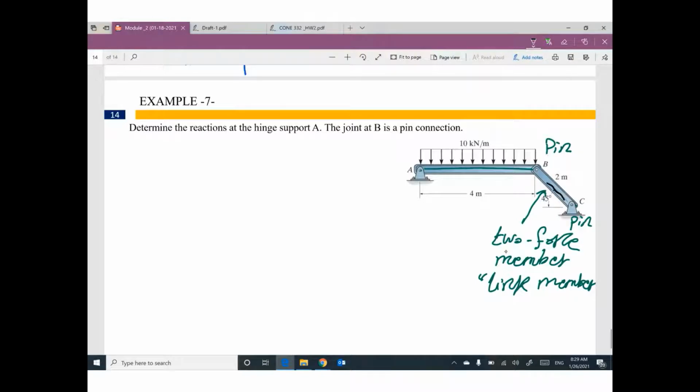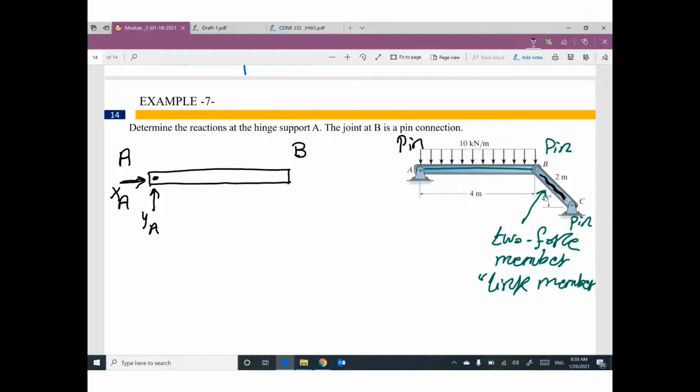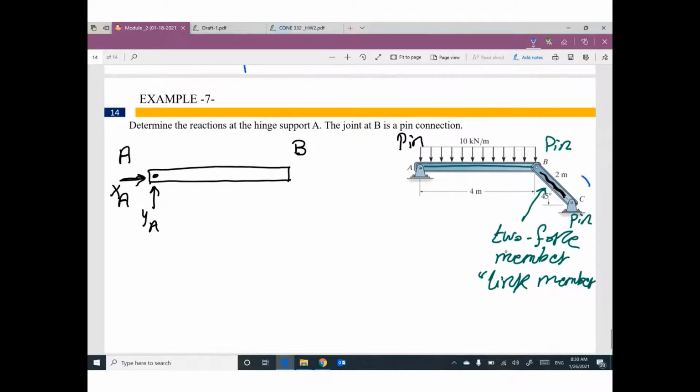If you can find this type of member, I can do the following. Here is member AB. I have nothing with this member. At connection A, we have pin support. So we have two reactions, YA and XA. If you have a two-force member, I can remove this member. I can delete it and put only one reaction in the same direction of this member.